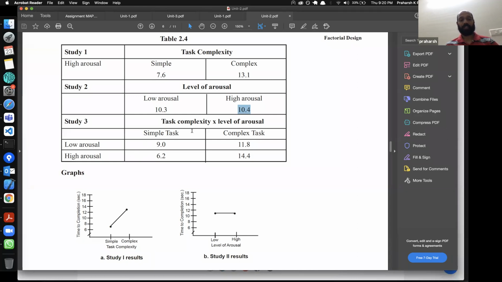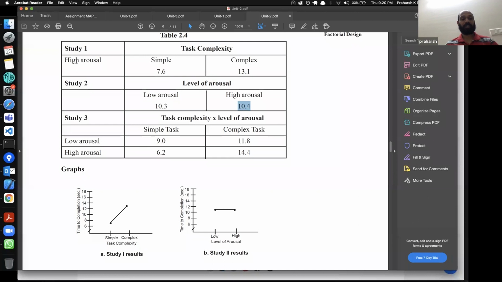So now we have some kind of an interaction chart. Here, these were kind of independent studies. Depending on task complexity, we are picking one arousal state and measuring the timings. Study one result, simple and complex: 7.6, 13.1. So it is increasing. We know that as the task complexity increases, the time taken to complete the task increases.